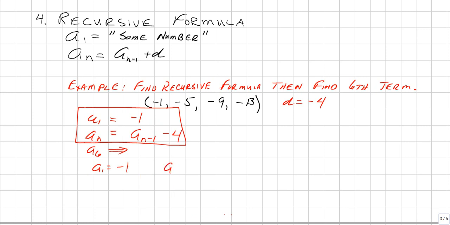Then a_2, I'd have to subtract 4 from that, so that's negative 5. a_3, I'd subtract 4 from that. That's negative 9. a_4, negative 13. a_5, I subtract 4 from that, so that's negative 17. And a_6, I'd subtract 4 from that. That's negative 21. So I found out that a_6 is equal to negative 21.